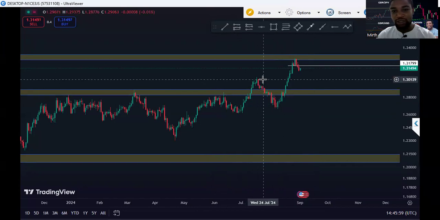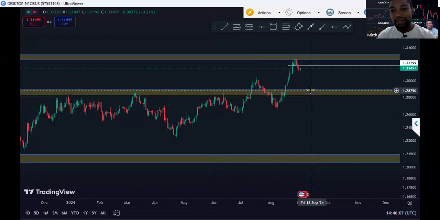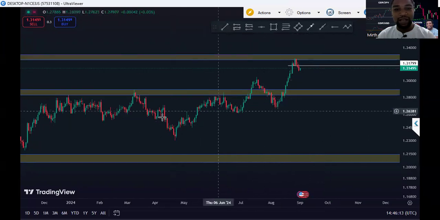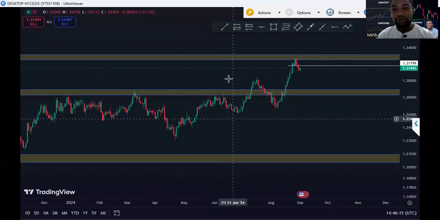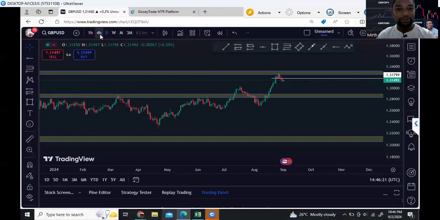This is the structure. This area is going to be my first level target, and this area is going to be my potential overall target in case the market wants to continue bleeding downwards. Since I've already established the nature of the pullback that I'm going to be looking for on my daily time frame, I will come back down to my 4-hour time frame.